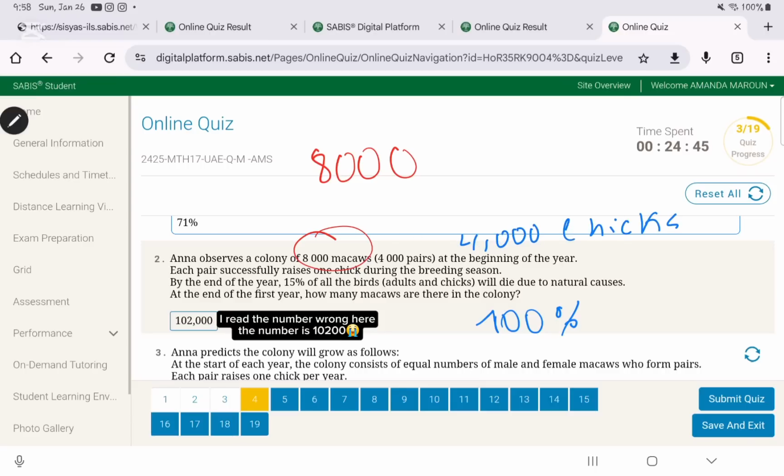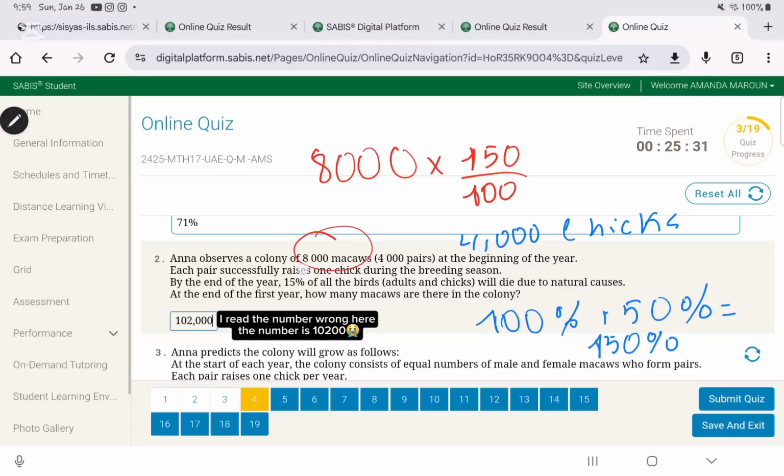And 4,000 chicks is 50% of 8,000, so it's going to be 100% plus 50%, which is then 150%. So the population from the original will increase by 50%, but instead of saying it will increase by 50%, we will just multiply it by 150%, which is 150 over 100.